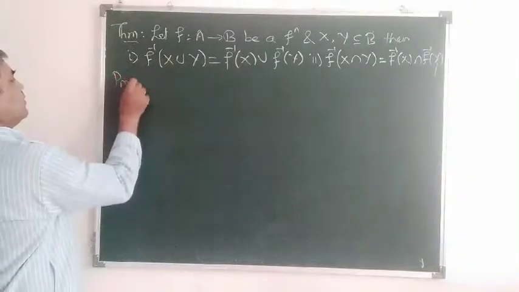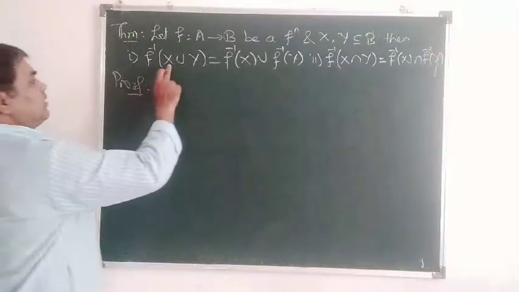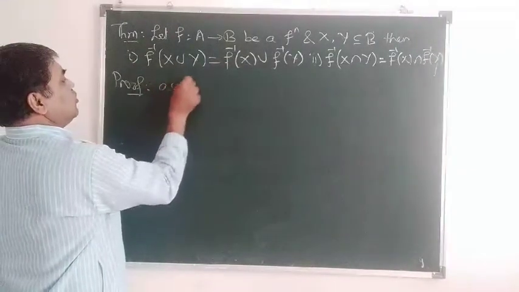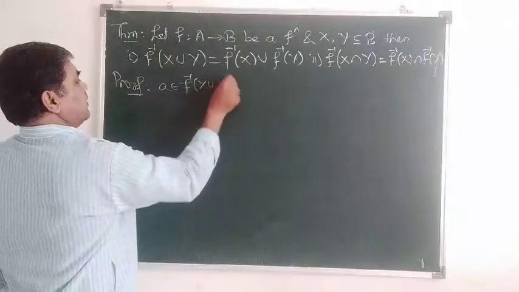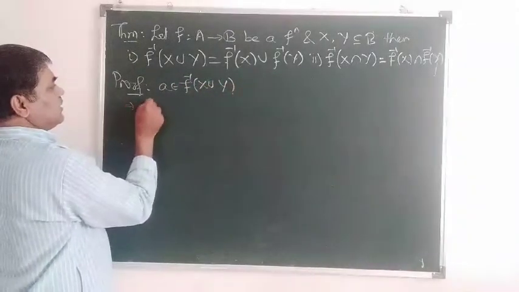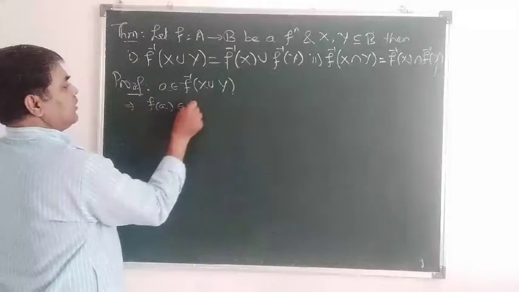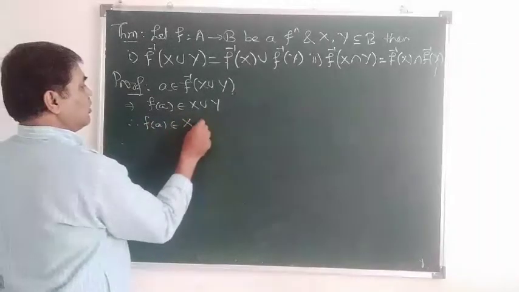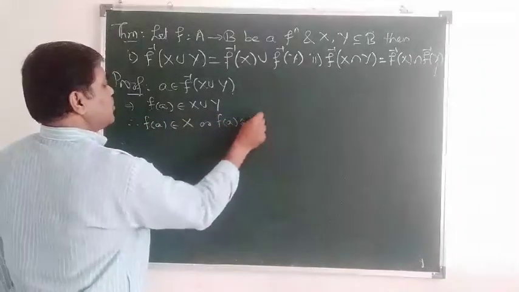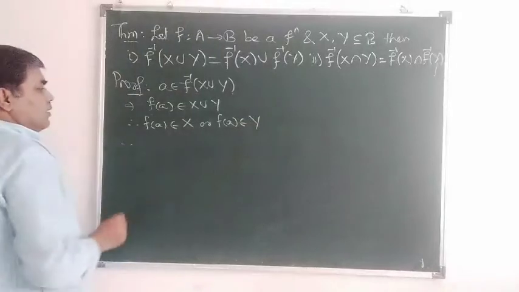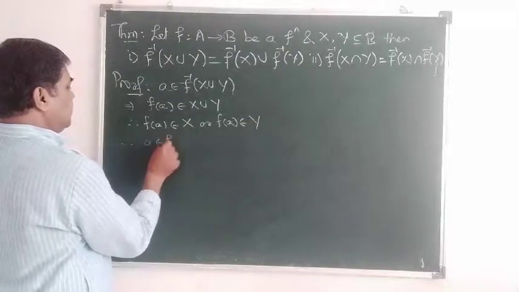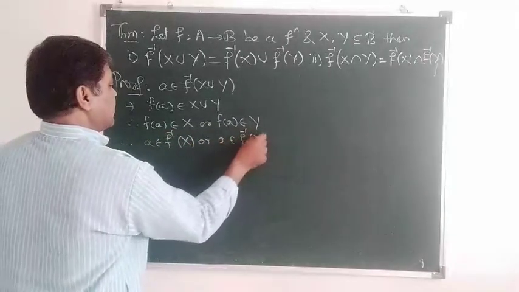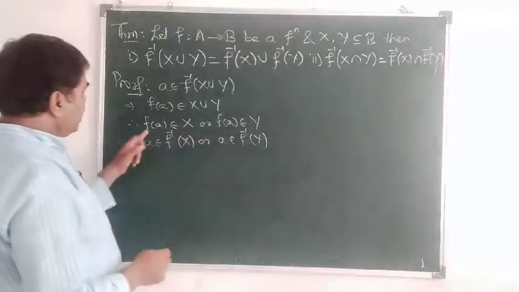So for showing the left hand side is a subset of the right hand side, take a belongs to f inverse of X union Y. This implies f of a must lie in X union Y. Therefore, f of a belongs to X or f of a belongs to Y by definition of union. Therefore, a belongs to f inverse X or a belongs to f inverse Y, as I am taking the inverse image of f of a.